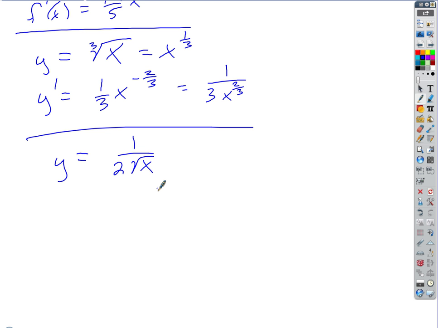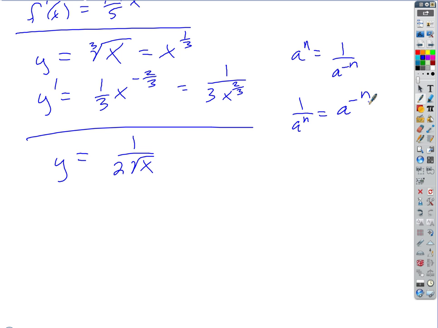A negative power on the bottom is equivalent to positive on the top, and vice versa. So our rule for that would be to say that a to the n equals 1 over a to the minus n, or 1 over a to the positive n equals a to the minus n. Right? So in other words, if we flip the position of the power from top to bottom or vice versa, that just always involves changing the sign of the exponent.